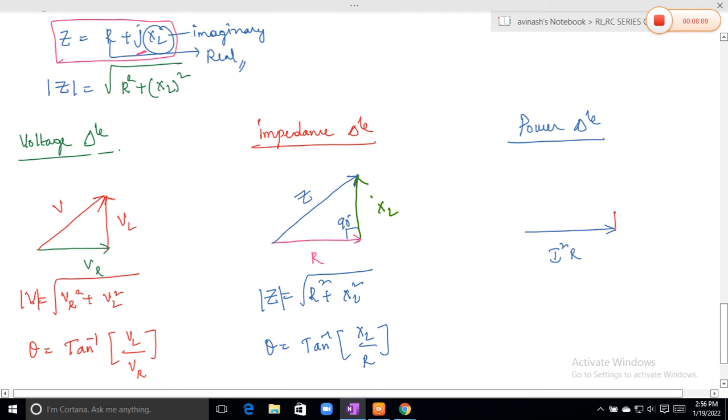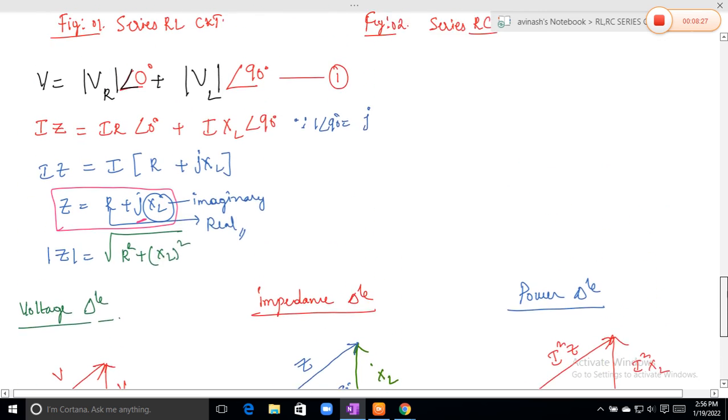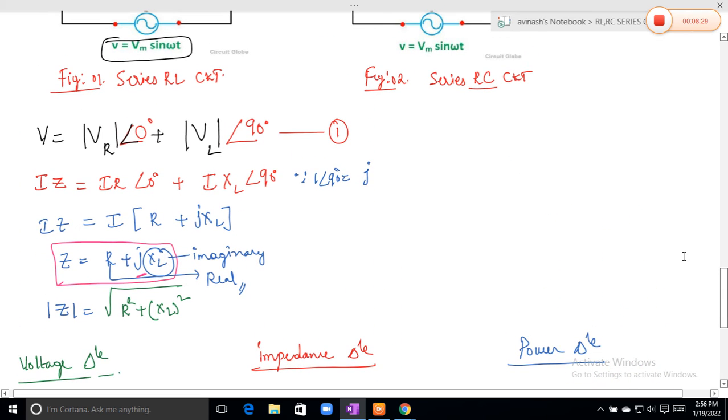Then this power is I square into XL, and the resultant will be I square into Z. How did you get these values?